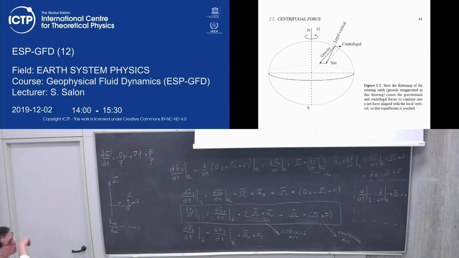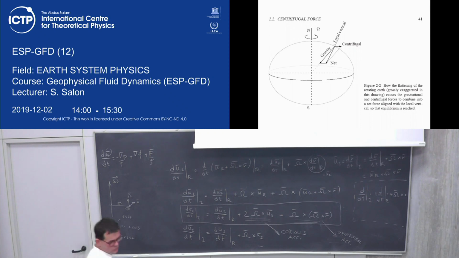And if we also want to represent the ratio between the centrifugal force and the gravity, the radius is about 6,378, I think, and this is 6,357, of course, more or less, kilometers plus or minus.